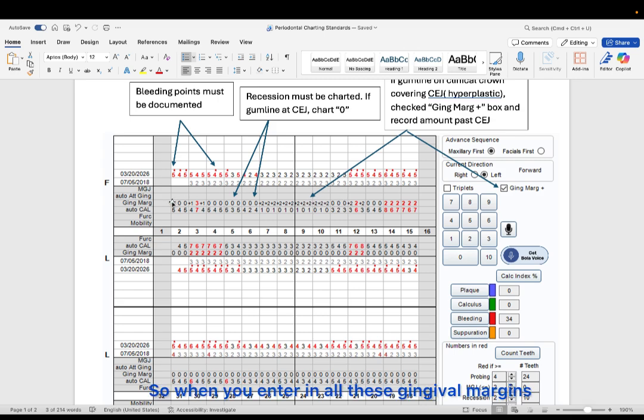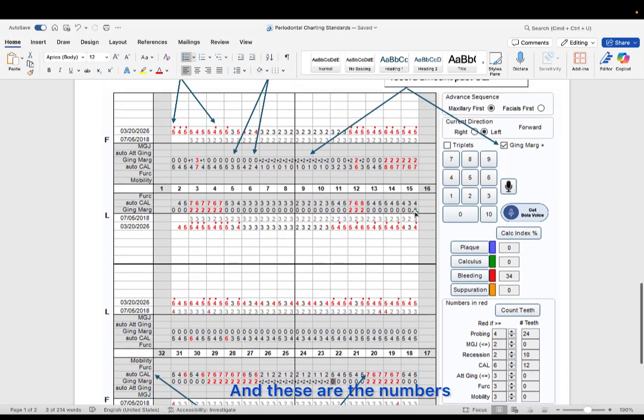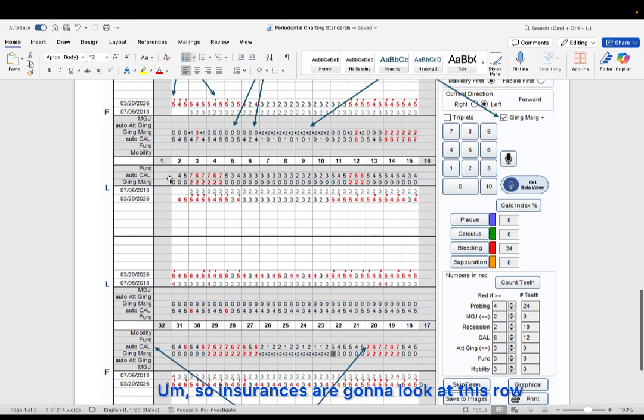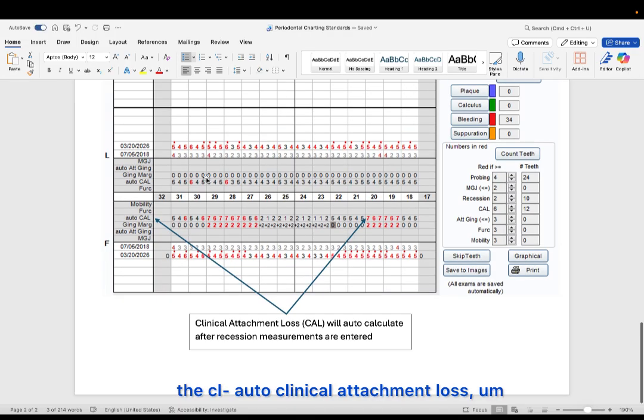When you enter in all these gingival margins, the clinical attachment loss will auto calculate. And these are the numbers that we need to look for when seeing if the patient actually qualifies for SRP. Insurances are going to look at this row, the auto clinical attachment loss, to see whether or not they qualify.